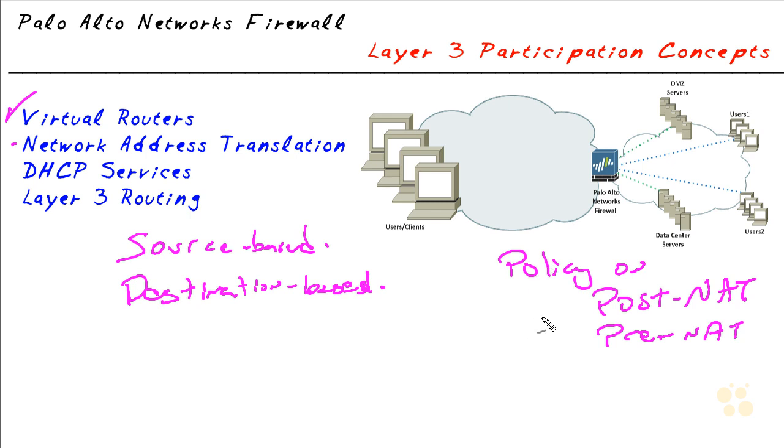Bottom line, and I'll tell this to pretty much every class that I teach: if you can think like the device, whether a router, a switch, or a firewall, no matter what it is, put yourself in the position of, I'm going to sit right here on this box. I'm going to be the firewall. If you can start to think like the firewall does and say, okay, here comes something in this interface, what does it look like? What do I see?